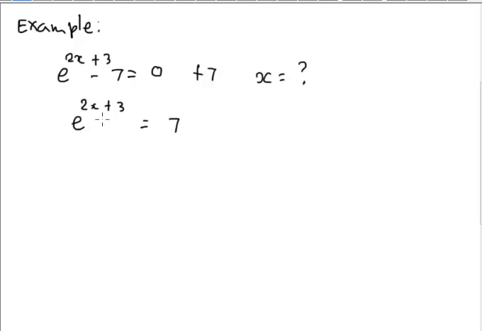Because we have got E here and we want to free that thing, we need to call on the inverse of E. What is the inverse of E? Then we need to apply ln on both sides. Then you say ln E to the power 2x plus 3 equals ln 7.